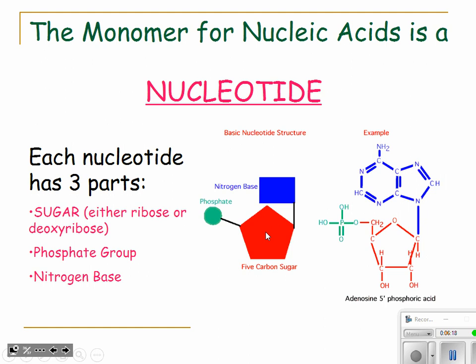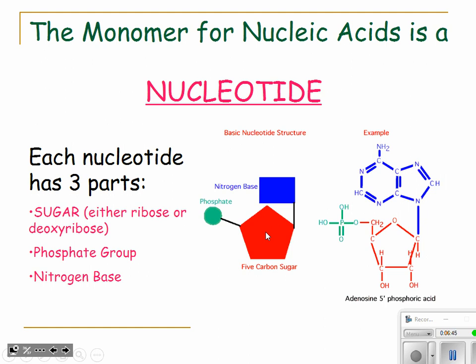If you have DNA, deoxyribose is the sugar. If you have RNA, it's just ribose. So RNA, the sugar is ribose. DNA, it's deoxyribose.